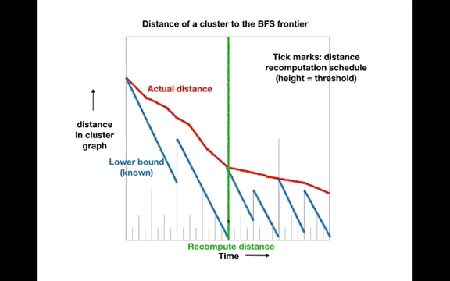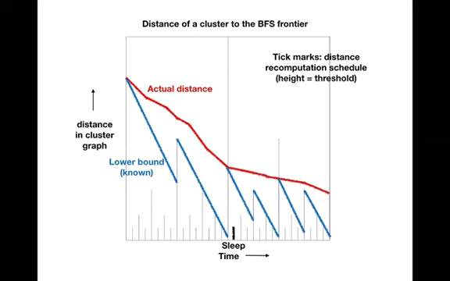Okay, so here we are at this very large threshold, and we recompute the distance, and because in this time step the actual distance is smaller than the threshold itself, we recompute and we find the actual distance in the cluster graph.